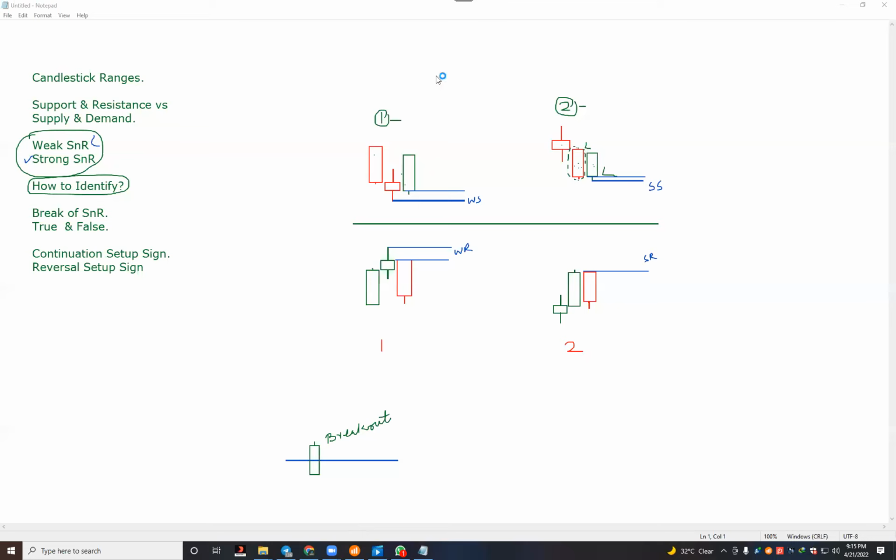If there are two levels, and the lower level is breaking but the upper level is not breaking, can we say it's a breakout? No. At least I don't think so. No breakout.